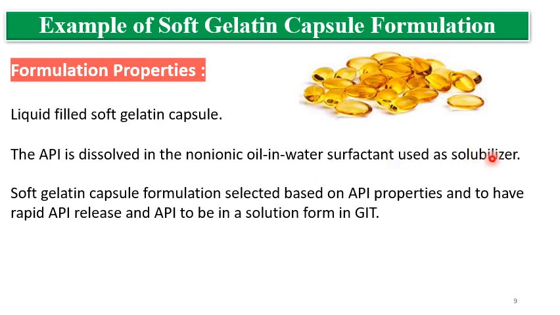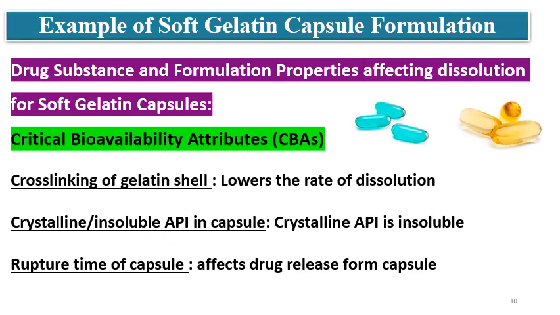So that is used as a solubilizer, the API dissolved into the solubilizer and filled into the soft gelatin capsule. Soft gelatin capsule formulation was selected based on the API properties and to have rapid API release and the API to be in solution form in the GIT, so that permeability will be there and the API will get absorbed at a faster rate.